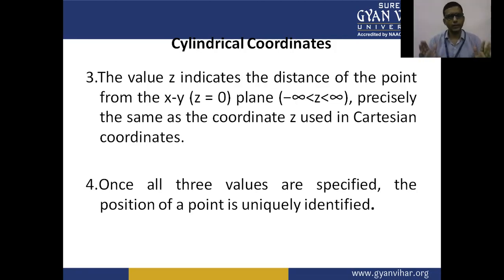Once all three values are specified, the position of a point is uniquely identified. If we define the values of r, phi, z, then the point in the cylinder is easily identified, and the value of this point is defined by r, phi, z.